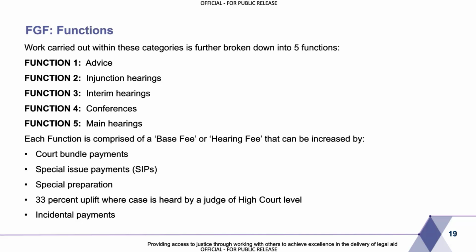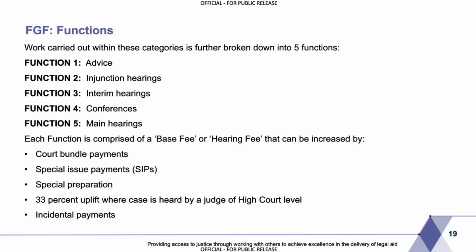Function 2s, the F2s, are for injunction hearings. We don't see these very often. The likelihood is when we do come across these that they have been claimed incorrectly and a different function should actually be claimable.